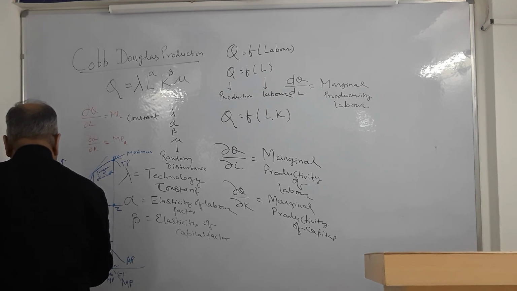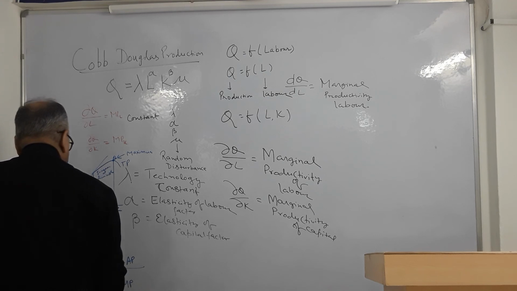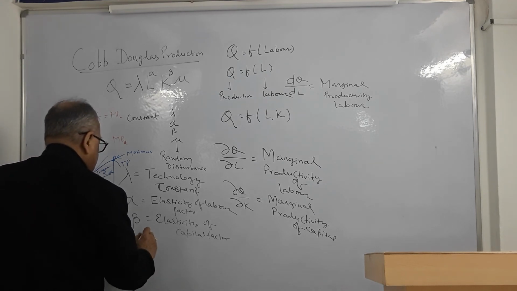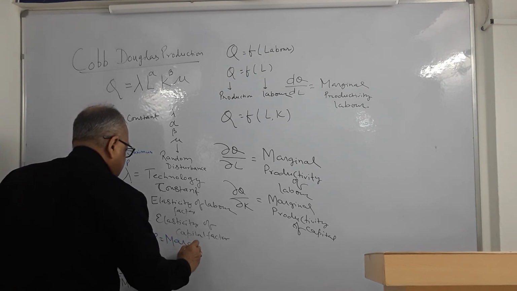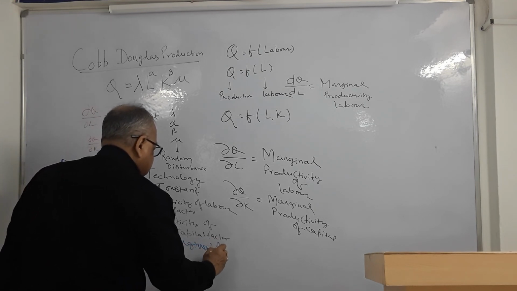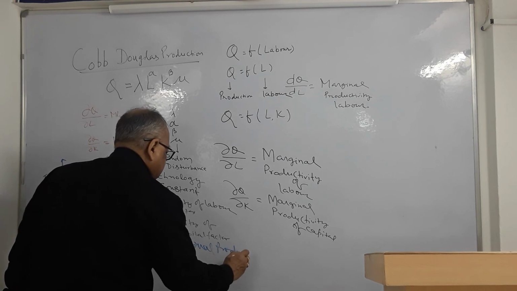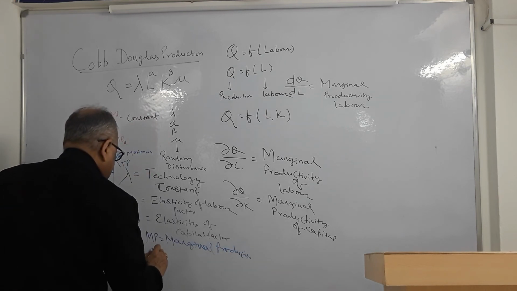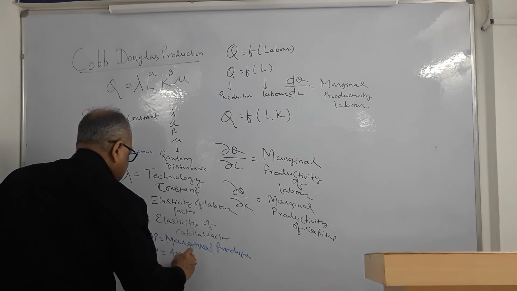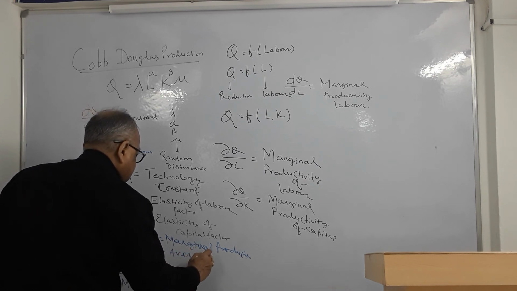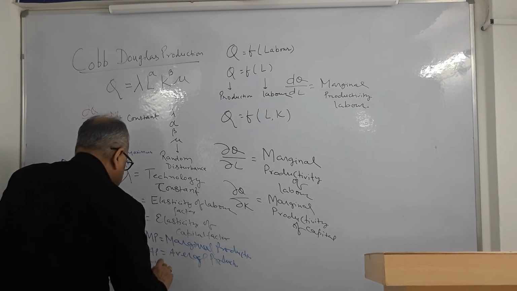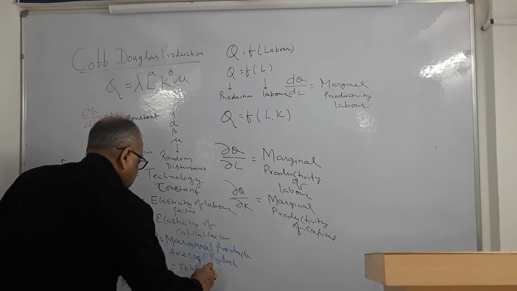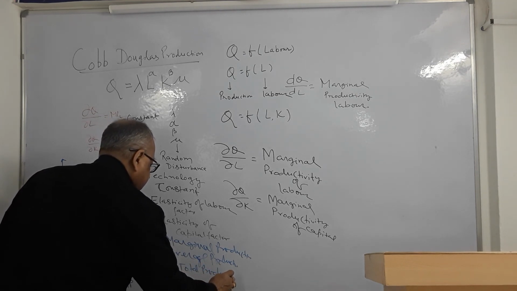The second is marginal production and average production. MP means marginal production, and AP means average production. And total productivity is total production.